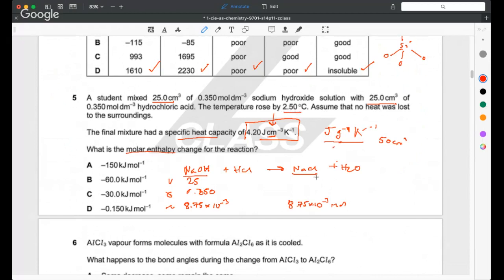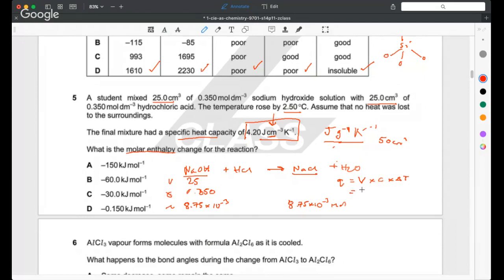We assume no heat was lost, and you've got an equation then that the heat is equal to, normally you think of the mass times the specific heat capacity times the change in temperature, but on this occasion, we're not working with mass, we're working with volume, if you remember. This specific heat capacity was written in terms of volume. So we've got the volume times the specific heat capacity, represented in its units for volume, times the temperature change.